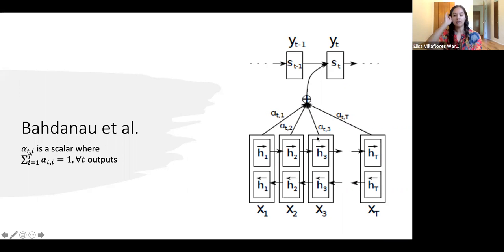It turned out that this method was very successful, and it can remember word connections in very long sentences, which wasn't possible before. So this is the concept of an attention system, and this was basically just a fully connected neural network which was added onto this RNN.